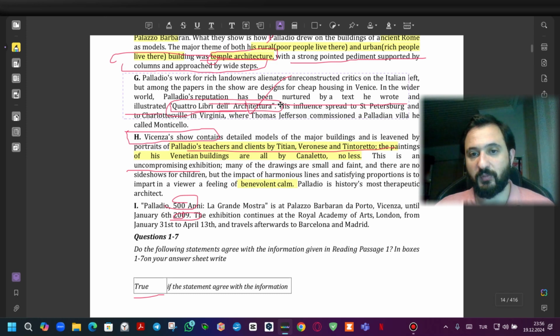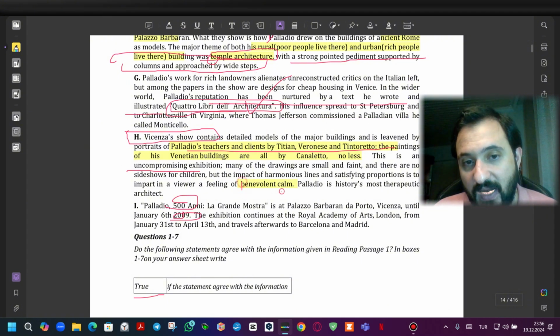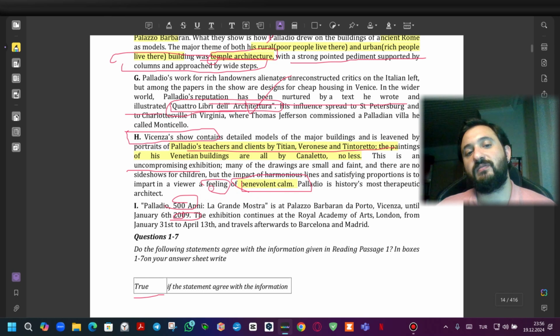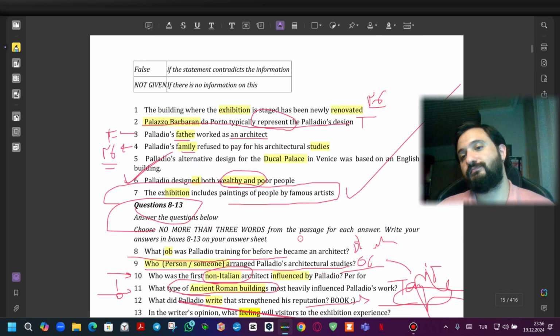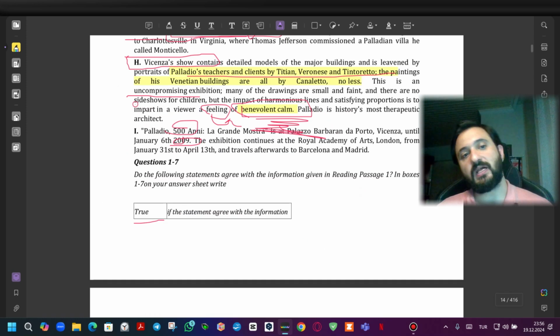But the impact of harmonious lines and satisfying proportions is to impart in a viewer a feeling of benevolent calm. Feeling of, so benevolent calm is the answer. But always I have to read till the end.